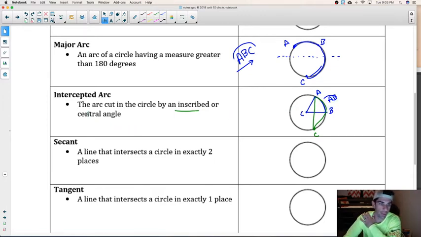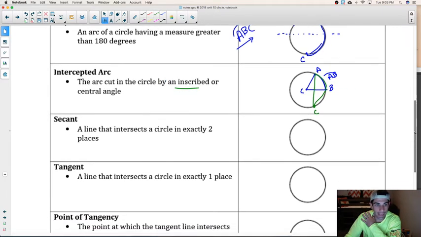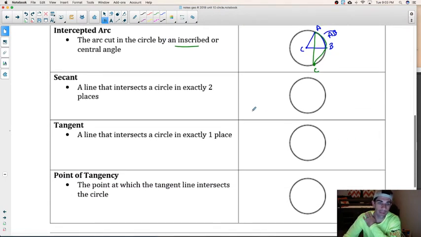All right. Then we have a secant, which is a line that intersects a circle in exactly 2 places. So now it's not drawing inside, it's just a straight up line like this. It doesn't have to go through the center, it can go anywhere it wants, but it's going to intercept in 2 spots. Then you have a tangent, which is a line that intersects in 1 spot. So a tangent is going to draw a line and it's going to hit in 1 spot.